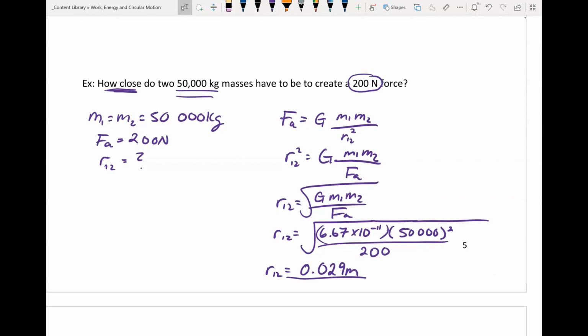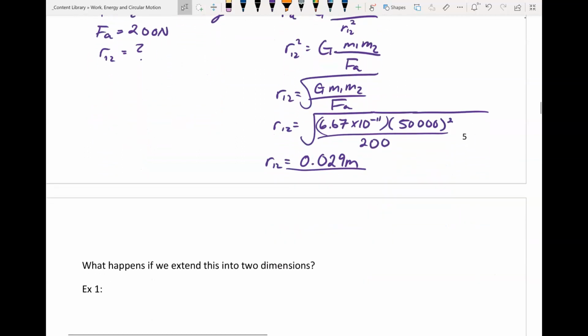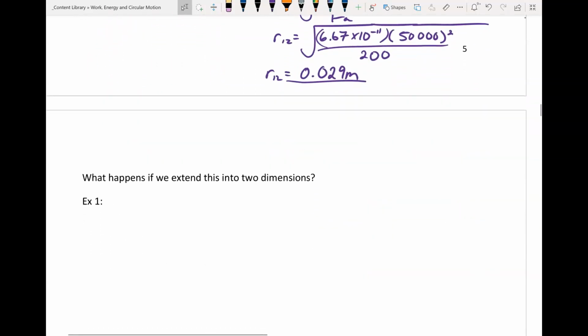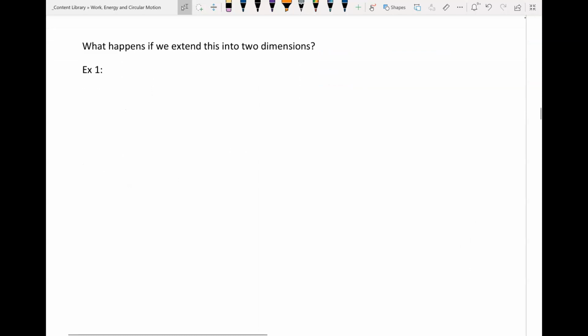So this seems simple enough. What happens if we try to extend this into 2 dimensions? I'm going to draw a diagram for you, and our goal is to find FA on the second mass. I'm going to introduce 3 masses. This is mass 1, mass 2, and mass 3.